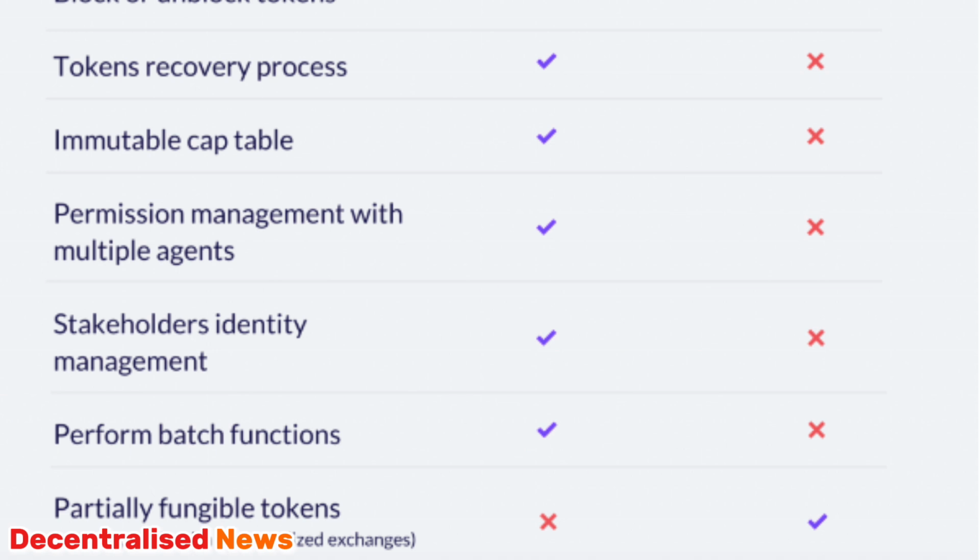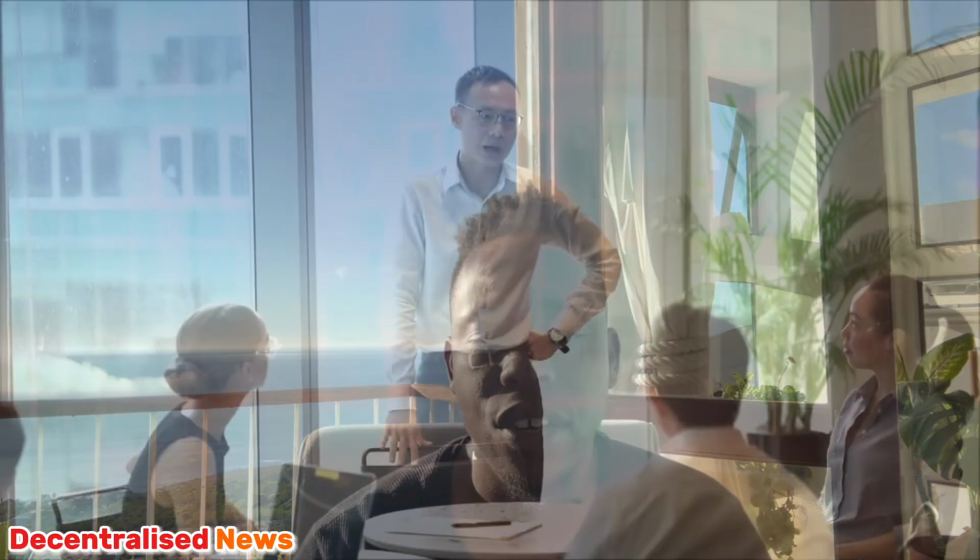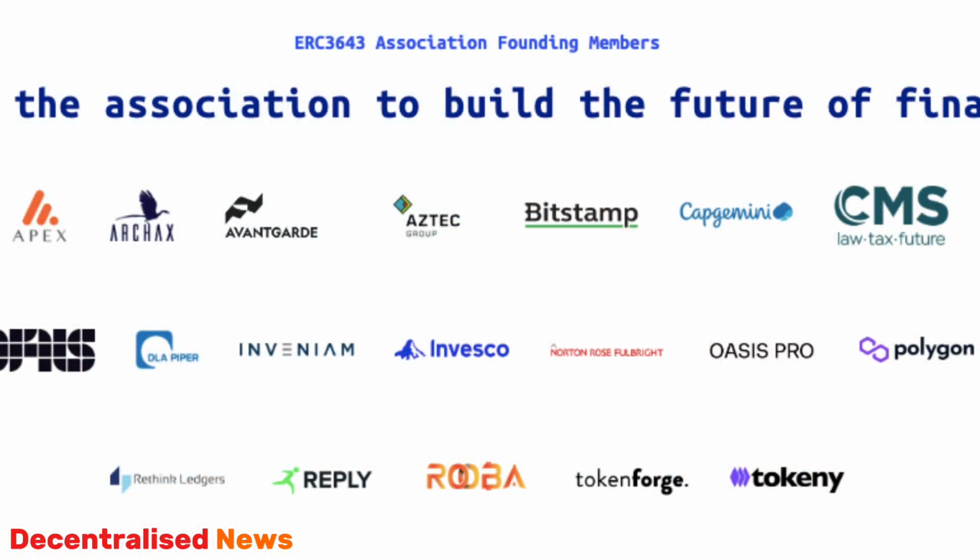What I really like is that the founding members of the association behind this ERC3643 token standard, like CMS, Bitstamp, Polygon, Invesco, TokenForge, Tokeny, are real credible players in the crypto space.